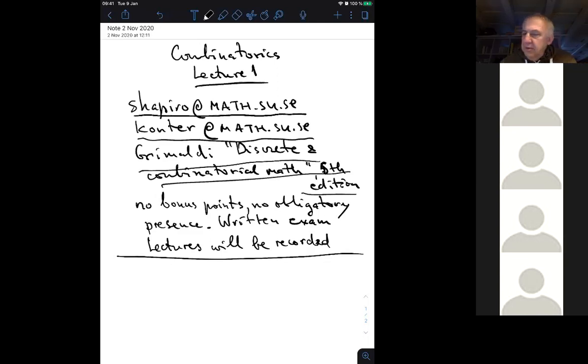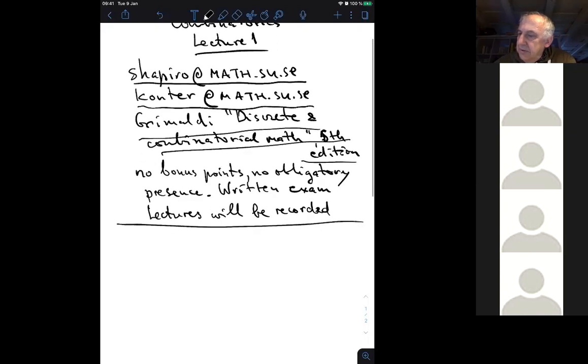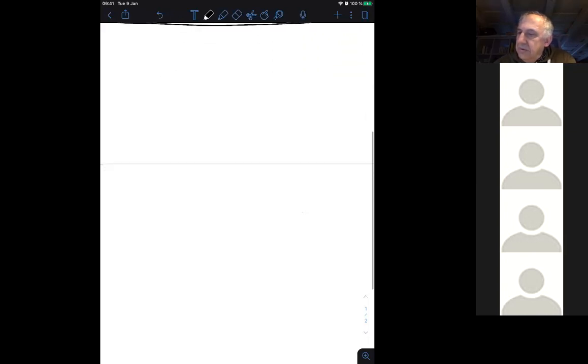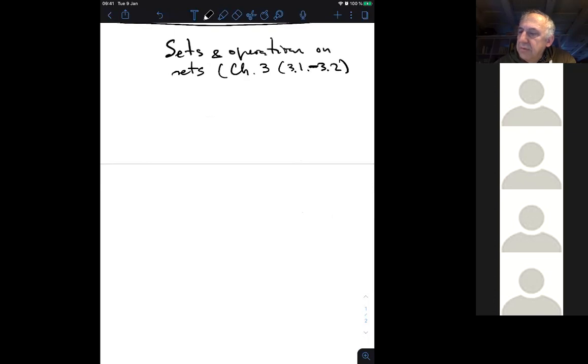We'll start with sets and operations on sets. This is chapter 3, sections 3.1 and 3.2 from the book.